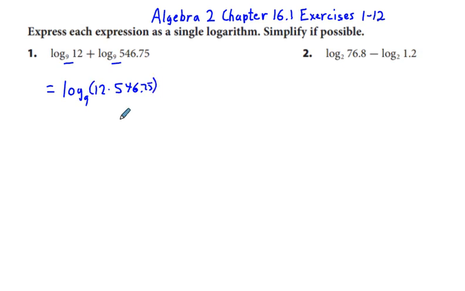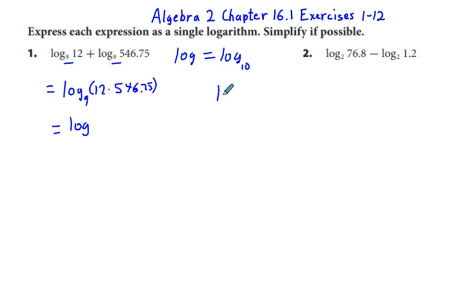Okay, and then we're going to use the change of base. Another thing I didn't mention is that whenever we see log, that's assumed to be log base 10.